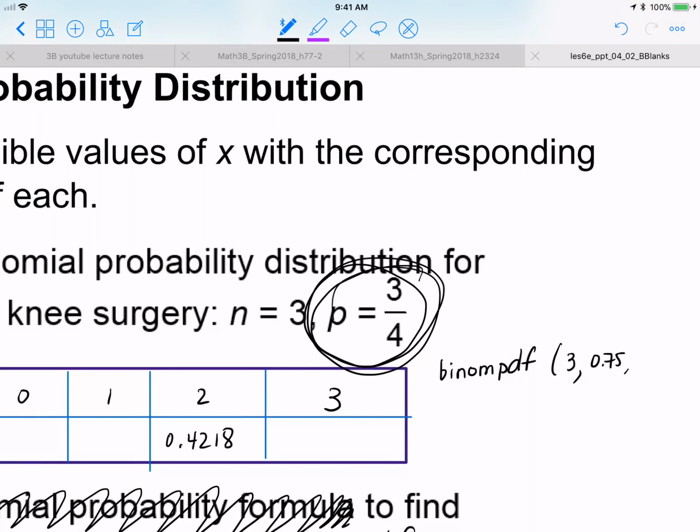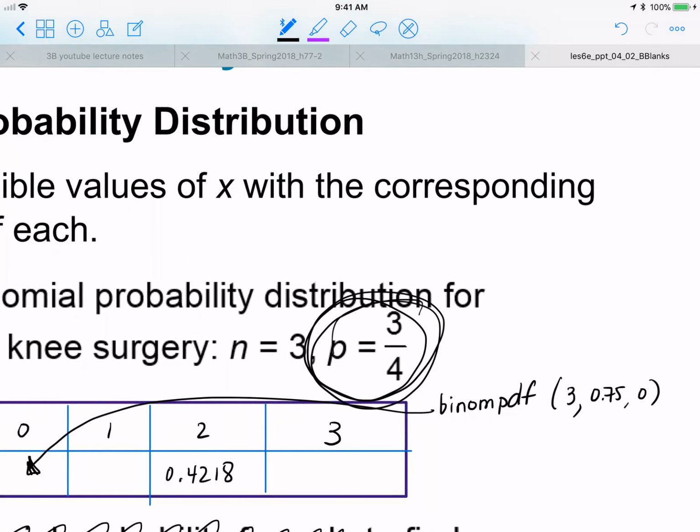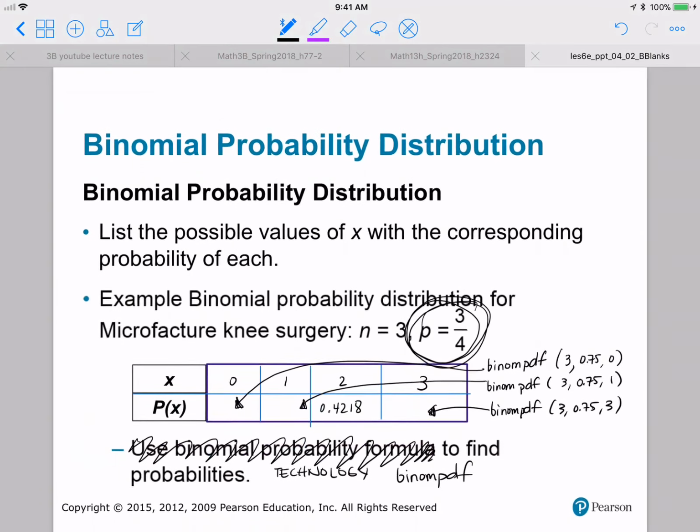But you want the probability that x equals 0, so you put in 0, and then you hit enter, and that's what goes here. And then for Binomial PDF 3, 0.75, 1, that goes right here. And binom PDF 3, 0.75, 3 is the command we would need for the last one.